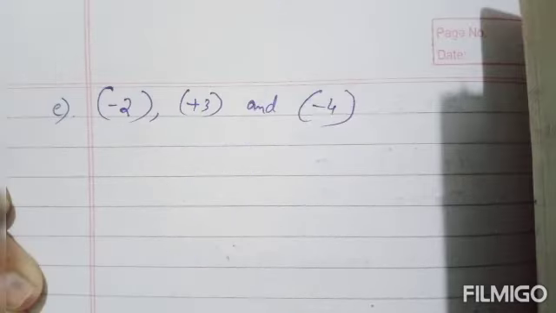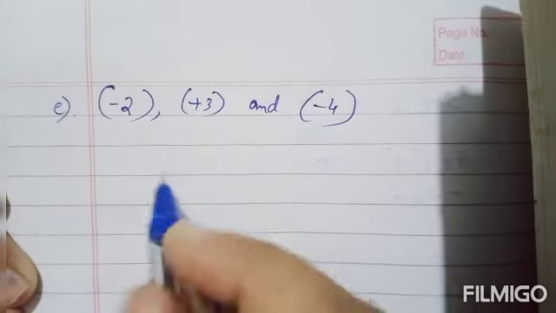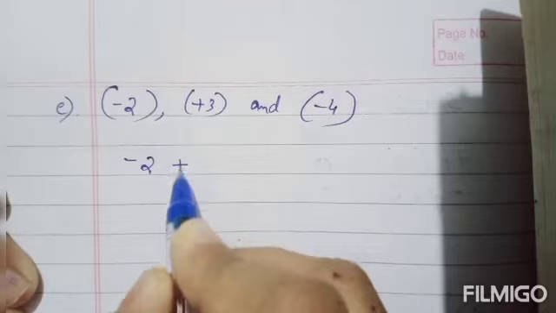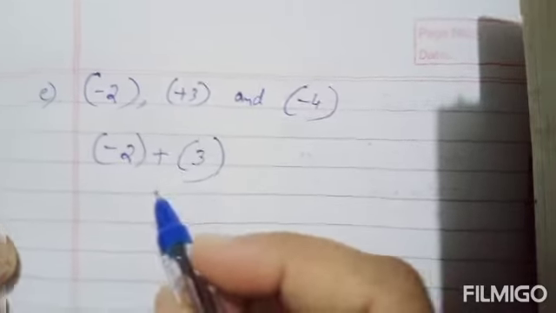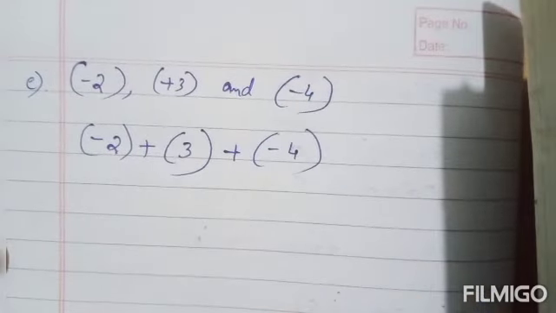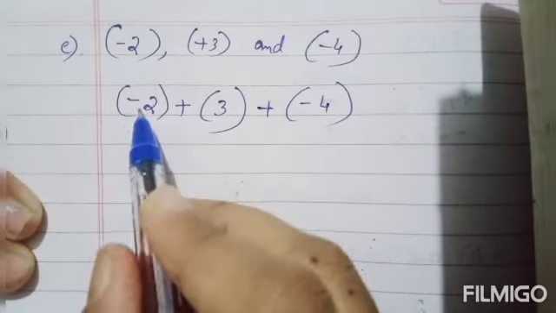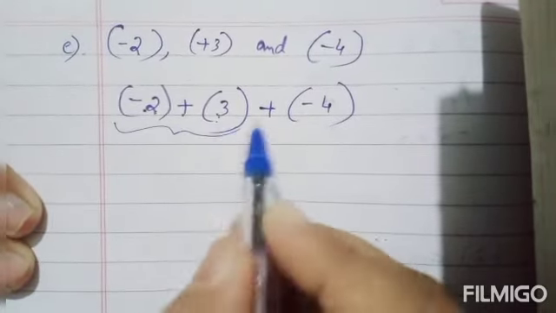Okay. Next E, minus 2 plus 3 and minus 4. So minus 2 plus 3. Plus 3 we can just write as 3, plus minus 4 we have to do. So first we can do minus 2 plus 3.